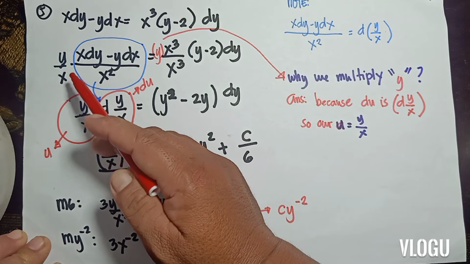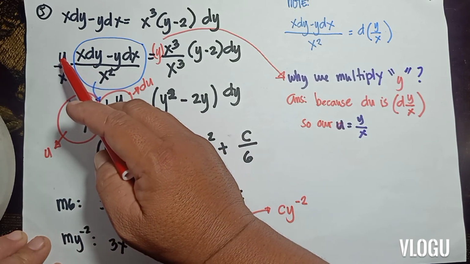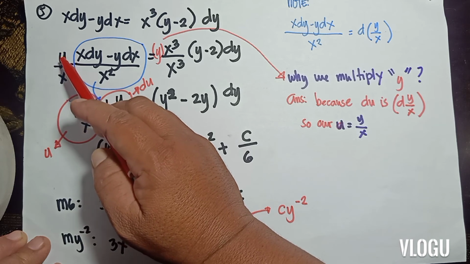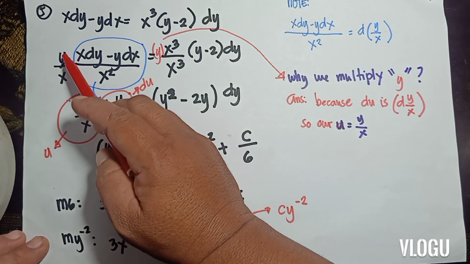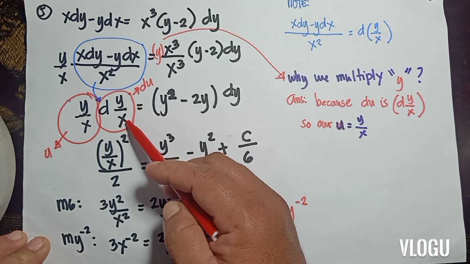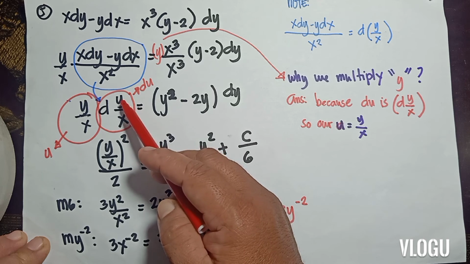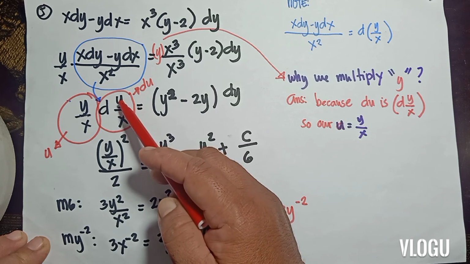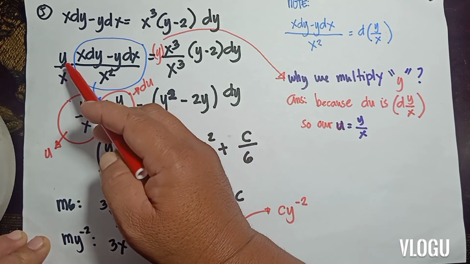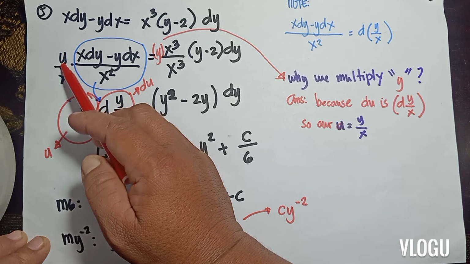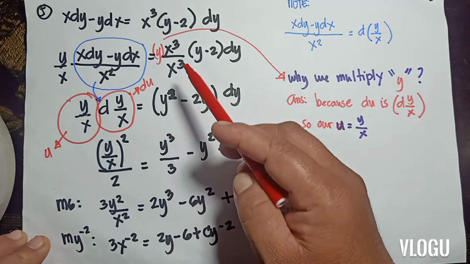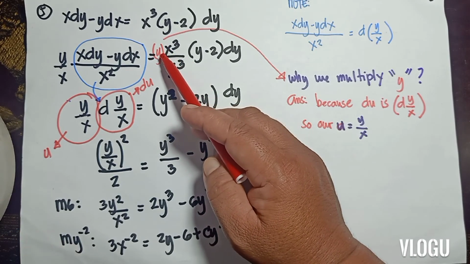So that you can have y over x, you are going to multiply both sides with y. Multiply y here so that you will have y over x. Why do I multiply y here? Because my du is y over x. So, meaning my u is in the form of y over x. So that I can have y over x, I need to multiply y here. So, if you multiply y at the left side, of course, multiply y at the right side.